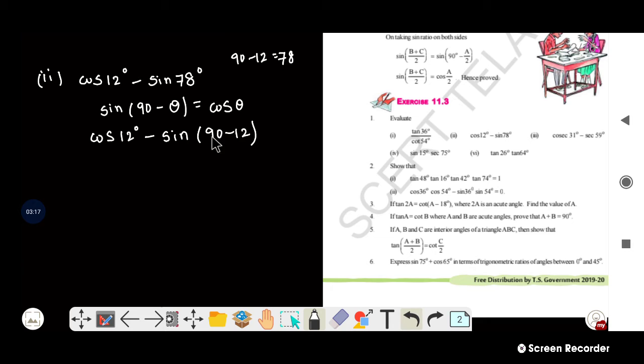So that's why here I am writing 90 minus 12 instead of 78. Okay. So cos 12 minus sin 90 minus 12 means cos 12. Then cos 12 minus cos 12. Then what is the answer? 0 is the answer. Second one.